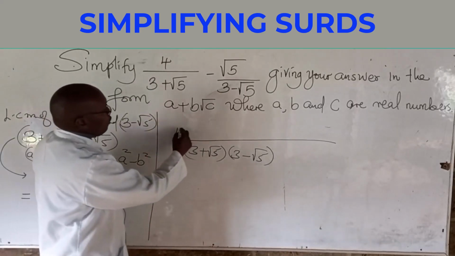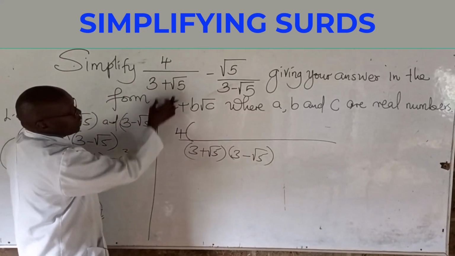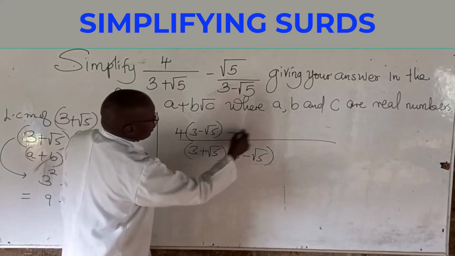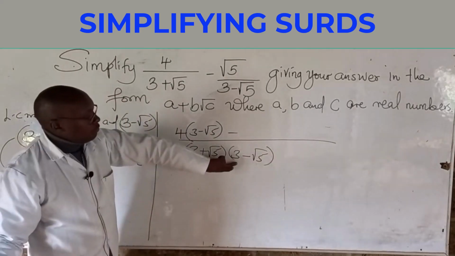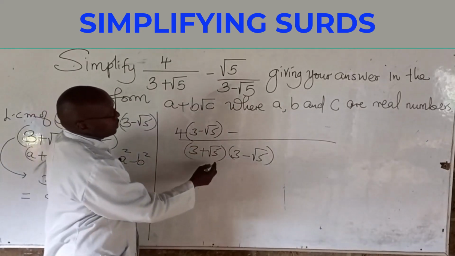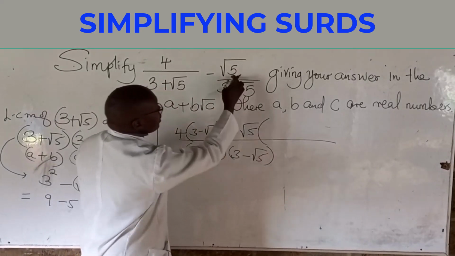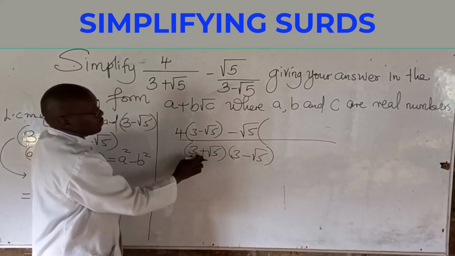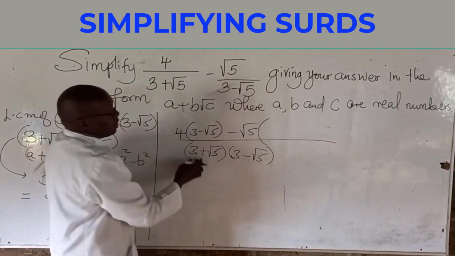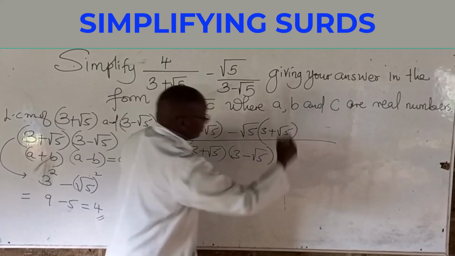Then subtract: the whole of these divided by these, we are left with, first you have to multiply by root 5, and then we'll be left with 3 plus root of 5.